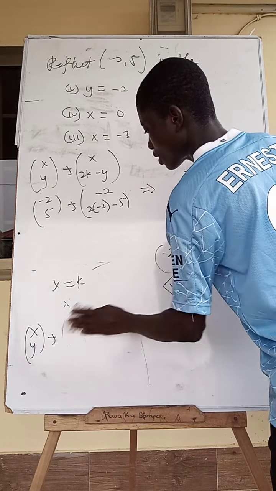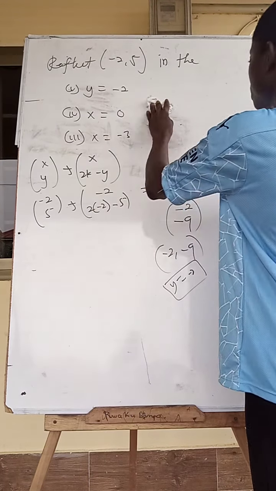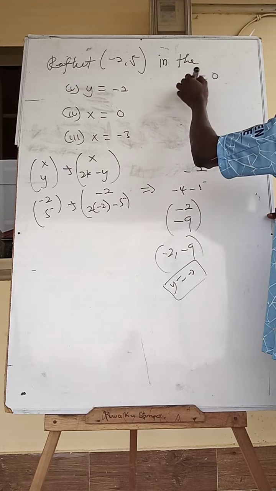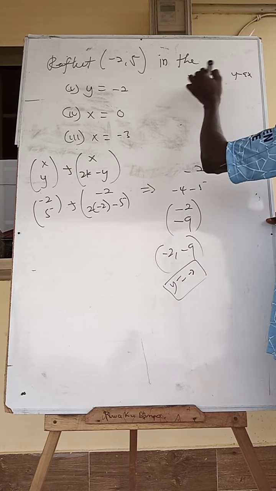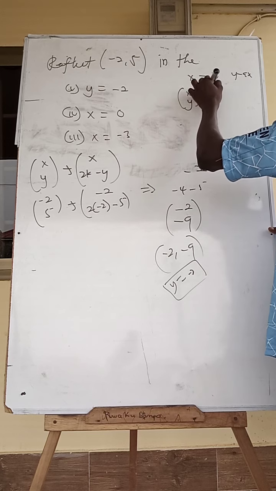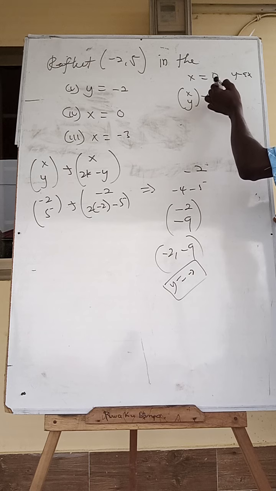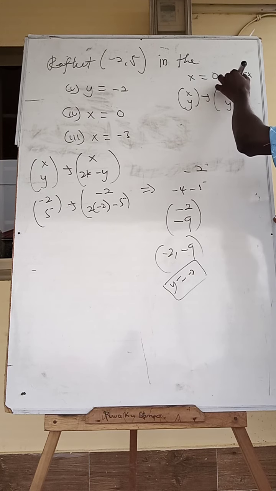Let's try the next one here. Reflection in the line x equals 0. You know x equals 0 is the y-axis. And at the y-axis, (x, y) maps to (negative x, y).